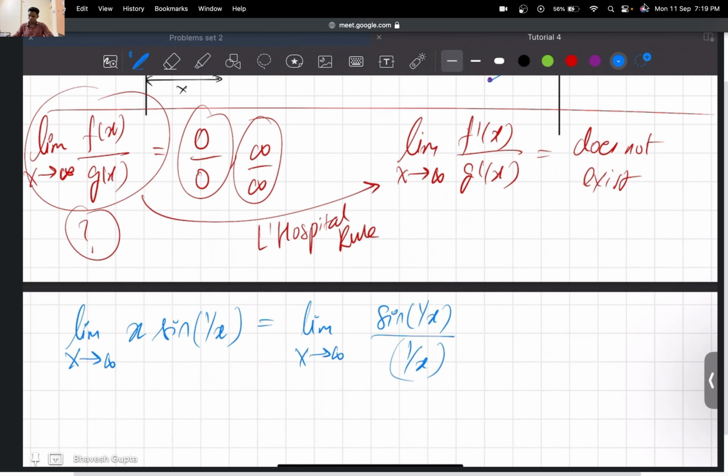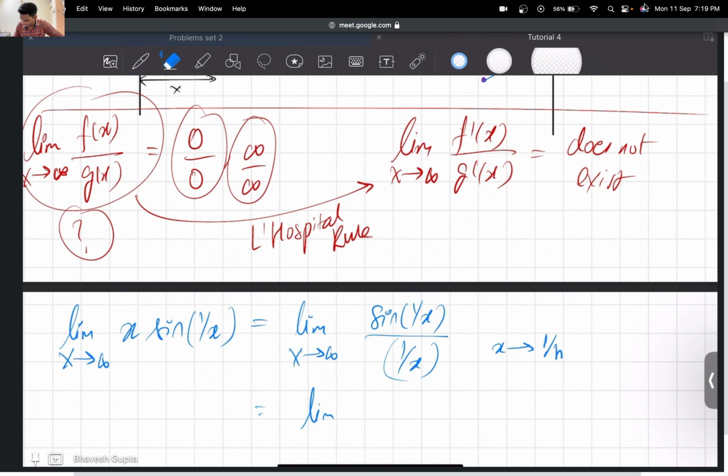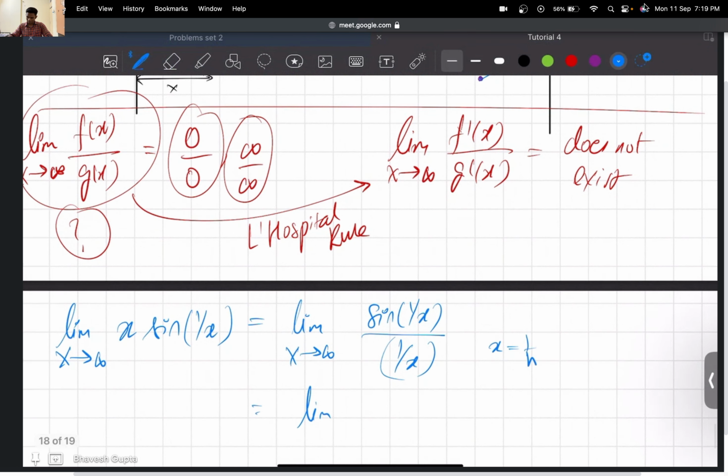If I just do a change of coordinate, instead of x I take some 1 over h, let's say 1 over t, using another variable t.